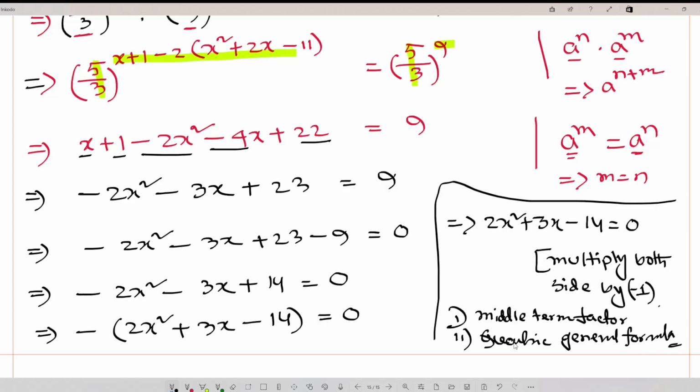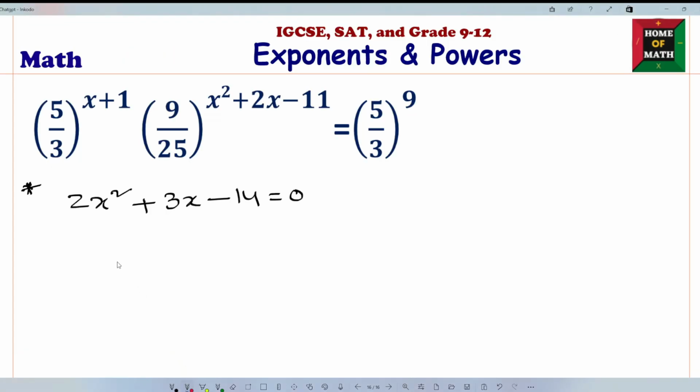Okay, so which one is easy? This is up to you. In this video I am going to follow middle term factorization. For middle term factorization, here are two constants, 2 and 14. Once you multiply, it becomes 28, and we have to make 28 such that when we add, we get 3.